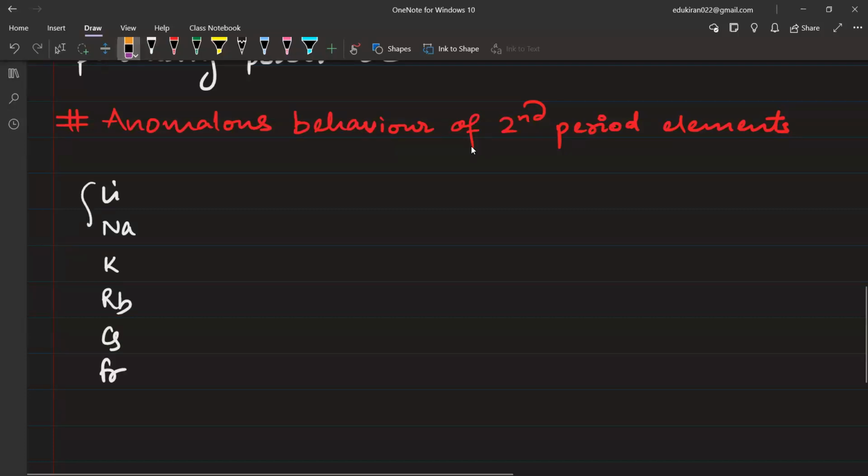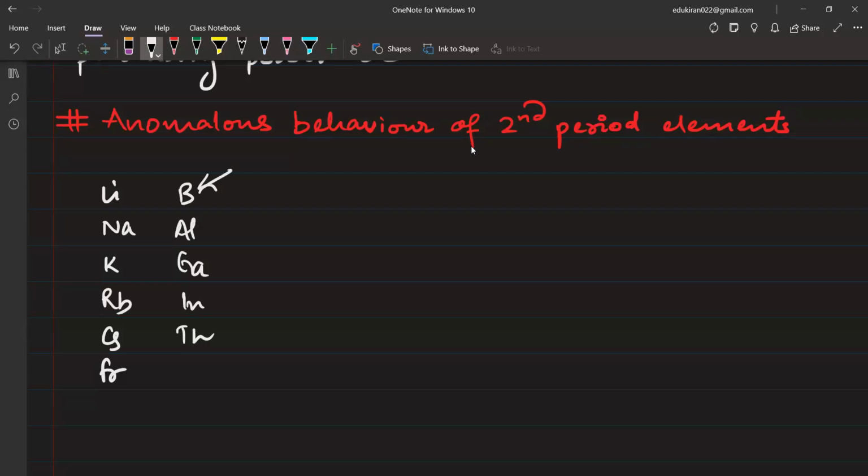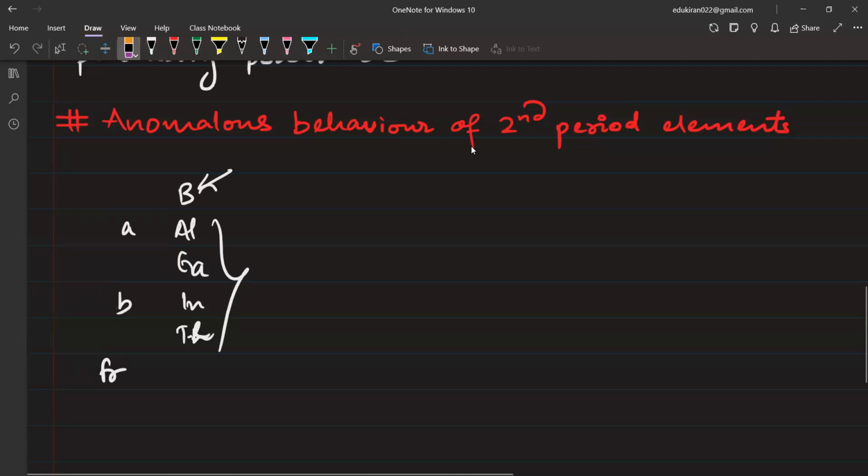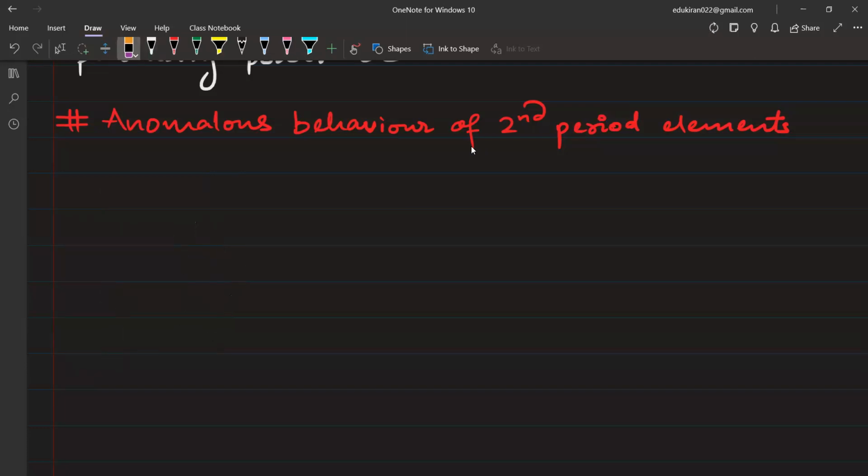Similarly, in group 13 we have boron, aluminium, gallium, indium and thallium. सो बोरॉन की जो प्रॉपर्टीज हैं, सारे से अलग है. नाउ व्हाई इज दैट हैपन? पहले इस पॉइंट को तो लिख देते हैं, ये एनोमलस बिहेवियर है, एंड देन वी विल सी द रीजंस.